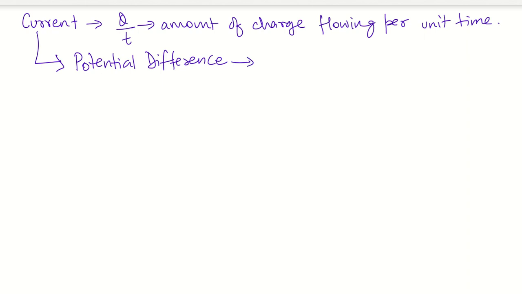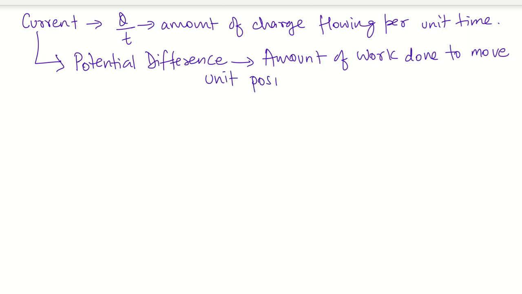Potential difference is the amount of work done to move unit positive charge, which means V is equal to the amount of work you do on a charge.